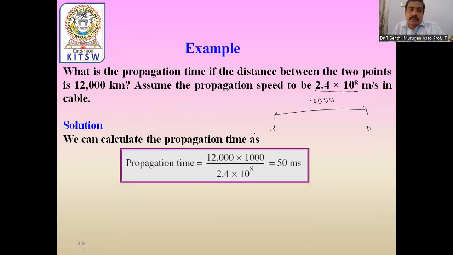So how can we calculate for 12,000 kilometers? It is meters per second, no? So we have to convert it. 12,000 kilometers into meters, that's why we are multiplying with 1000. And this is the propagation speed, 2.4 into 10 power 8. Finally, we are getting 50 milliseconds.